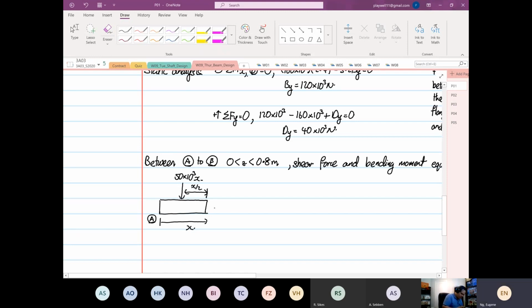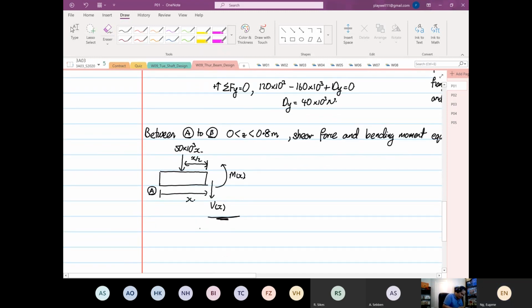At the other limit where the variable is, you have your shear force coming down, and then your bending moment going in the anti-clockwise direction. Why this direction? Because we assume positive shear and positive bending moment.